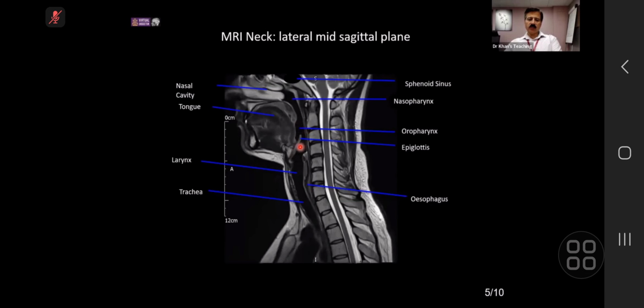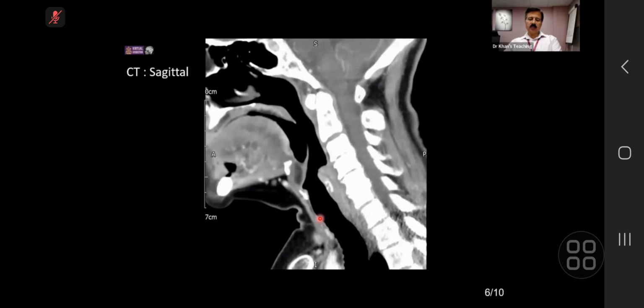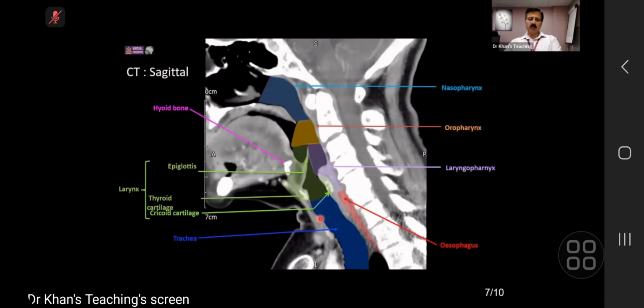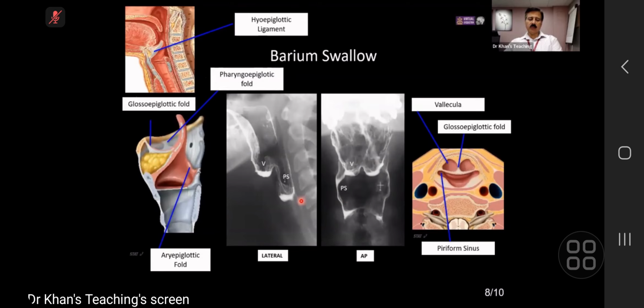So this is the oropharynx, and this is the midline hyoid bone. This is the hypopharynx, and from C6 onwards, the esophagus is visible. Same thing on a CT scan. Oropharynx, and this is the laryngopharynx or the hypopharynx, and the hyoid bone in the middle.